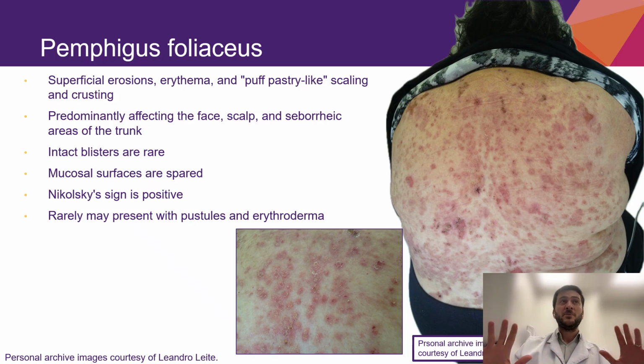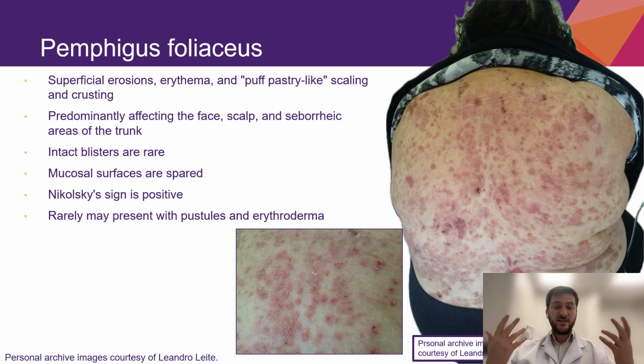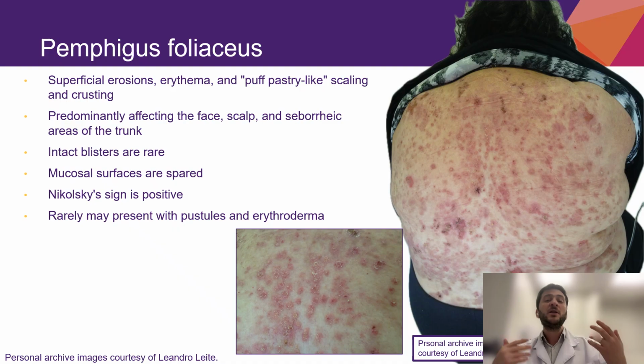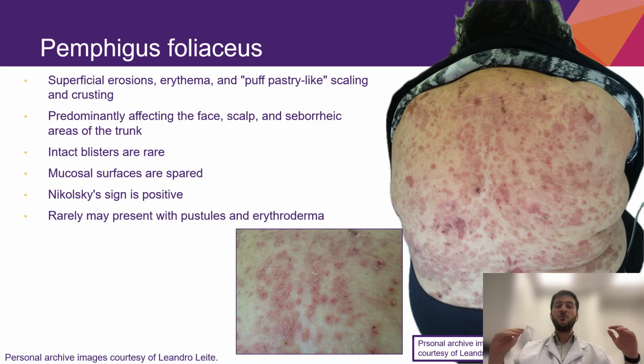So the most common lesions you see are erosions, and yes, they can be very painful erosions, and they predominantly affect the seborrheic areas, and the clinical picture is usually dominated by erythematous and scaly plaques with erosions covered by crusts.